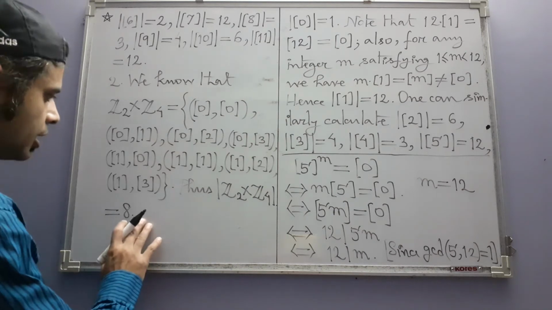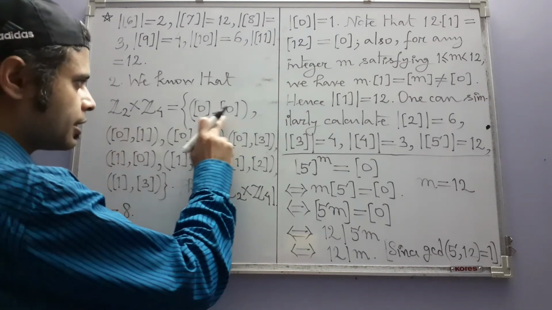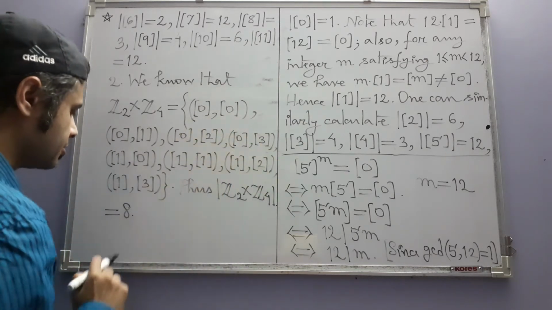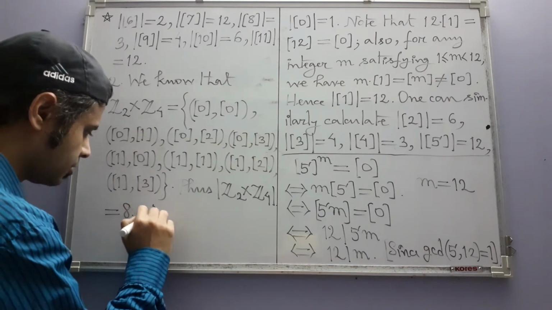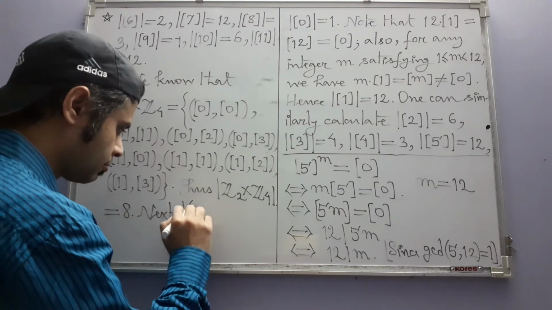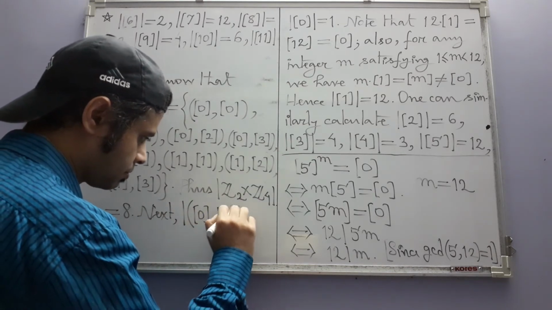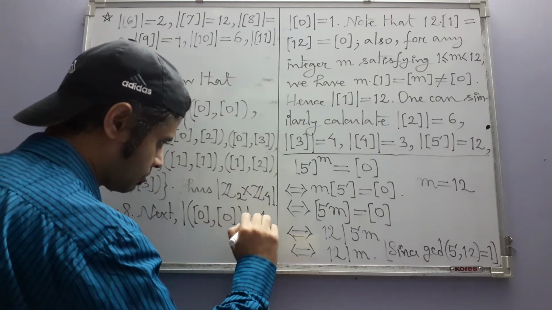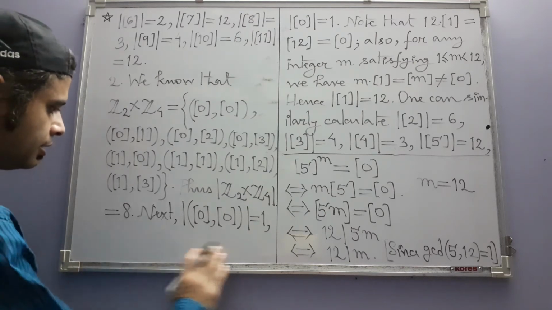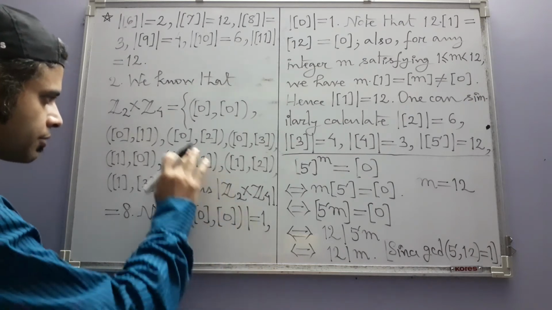Next comes the task of calculating the orders of the elements. This element you already know is the identity element in this group. So its order is going to be 1. And without writing any elaborate calculation, I am just simply going to mention the orders of the other elements.